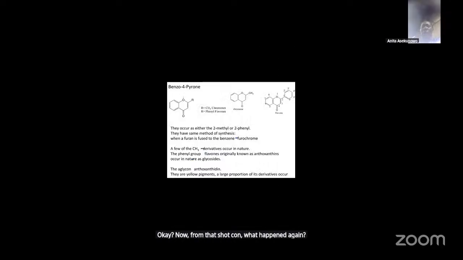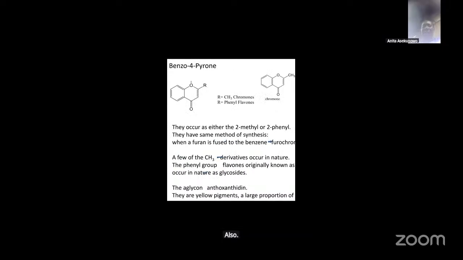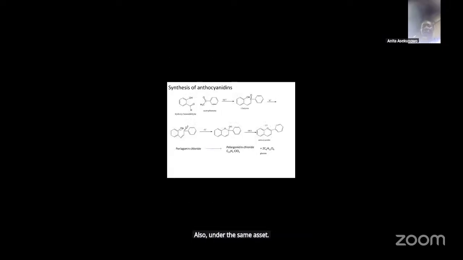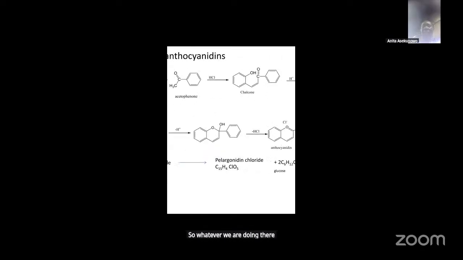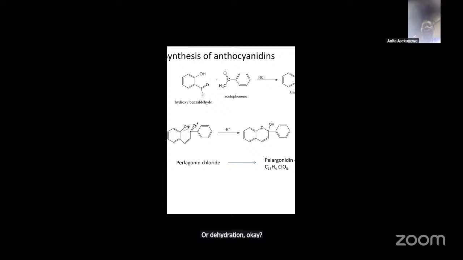We are also under the same acid. Whenever you have H plus, it's the same thing I'm talking about, HCl. So whatever we are doing there is either we are hydrolyzing, or adding water, or dehydration. Now, in this second one, we're removing water.